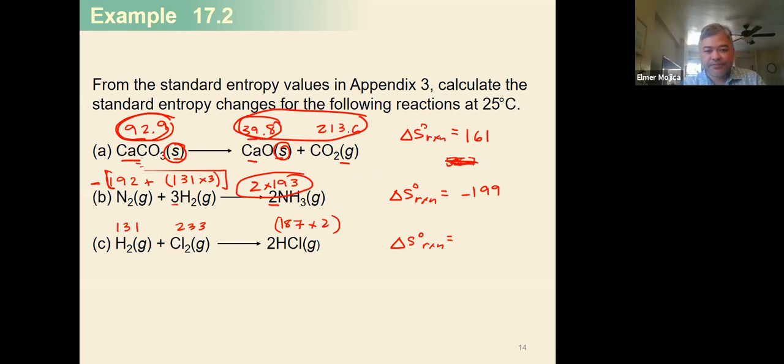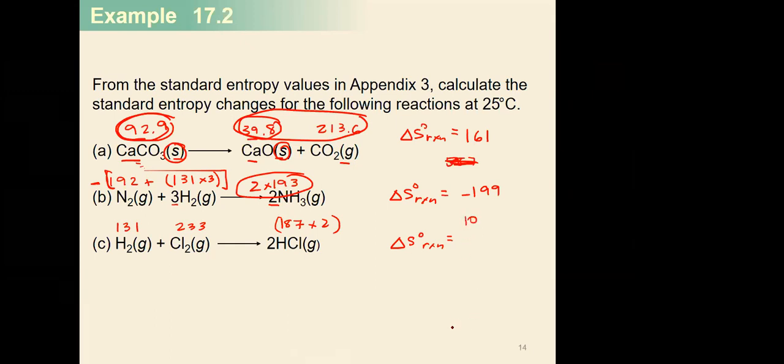So what do you get? What do you get from here? Is it 10?